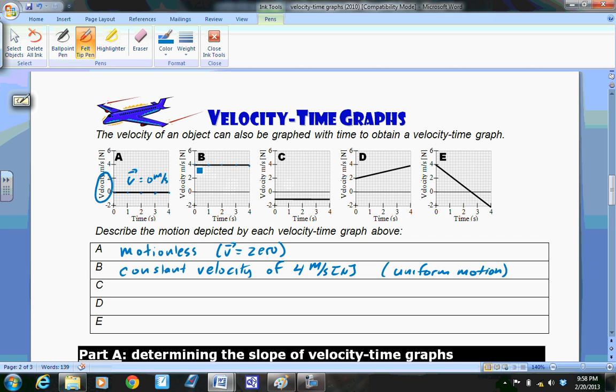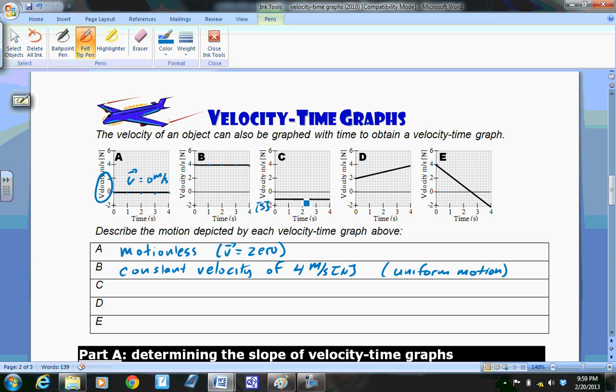Vehicle B has motion that's northward. C is similar, except now, at 0 seconds, the object is moving at -1 meters per second north. In other words, it's moving southward. Remember, negative here is south, opposite of north. At 1 second, it's also moving at 1 meter per second south.